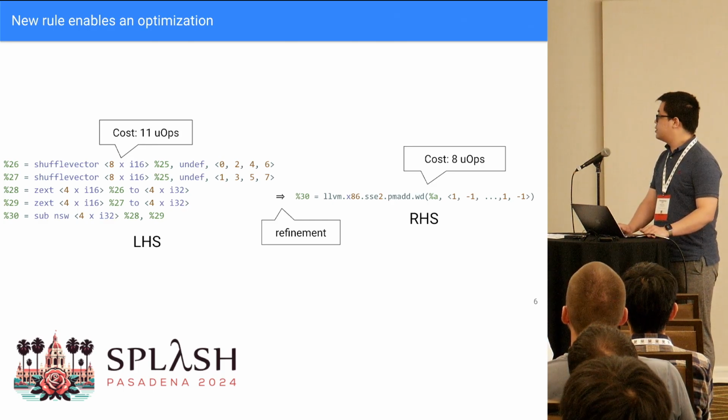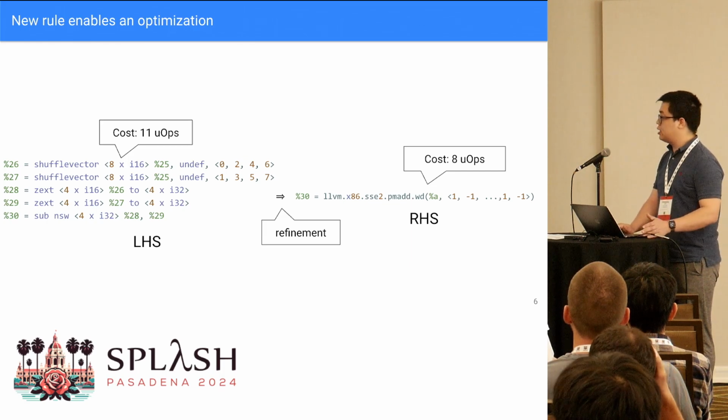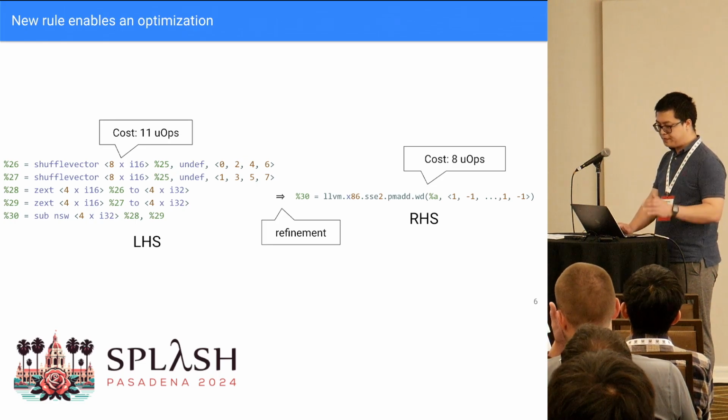This rewrite will save us 8 macro operations. Here, a macro operation is a simple and low-level RISC-style instruction used to implement more complex instructions such as PMADDWD. In this work, we use the count of macro operations as the cost of a code sequence.